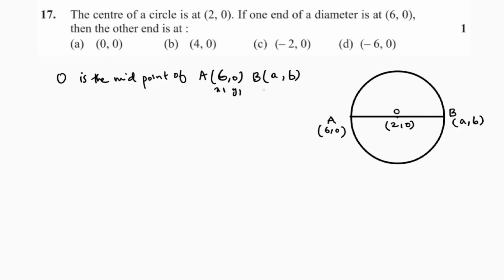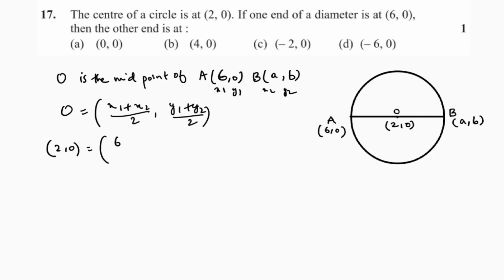So this is (x1, y1), (x2, y2). The midpoint formula is (x1 plus x2) by 2, (y1 plus y2) by 2. Now here the center is (2, 0), so (6 plus A) by 2, (0 plus B) by 2.